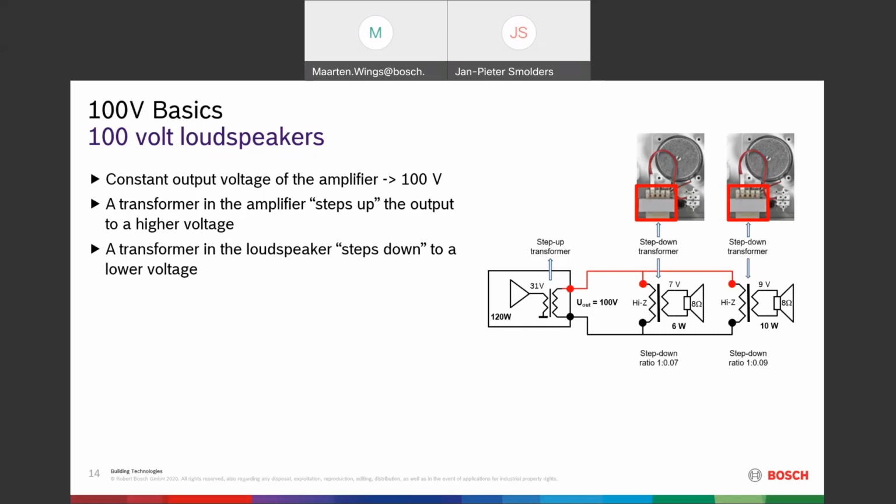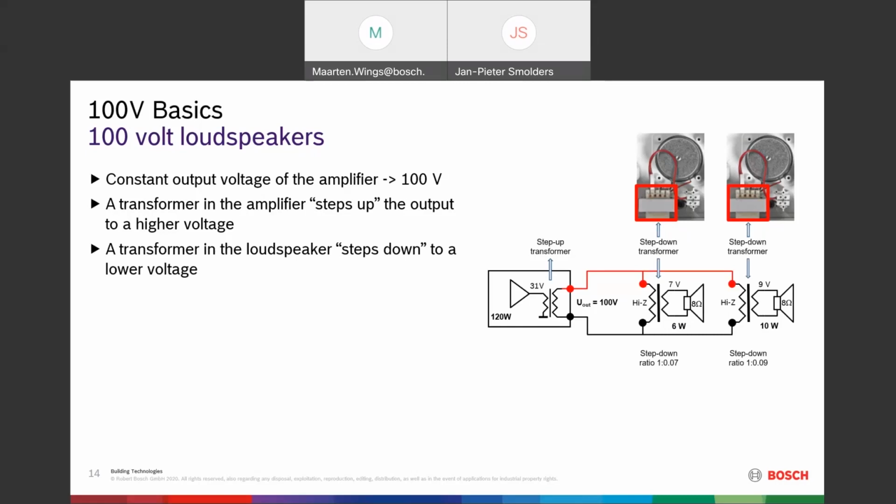Now, in order to be able to connect loudspeakers to this 100 volt amplifier, we also need transformers inside the loudspeakers themselves to transform the 100 volt back down to the required voltage of that loudspeaker.